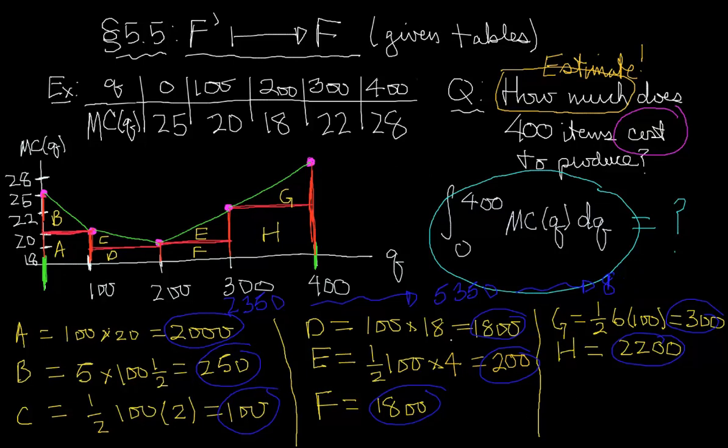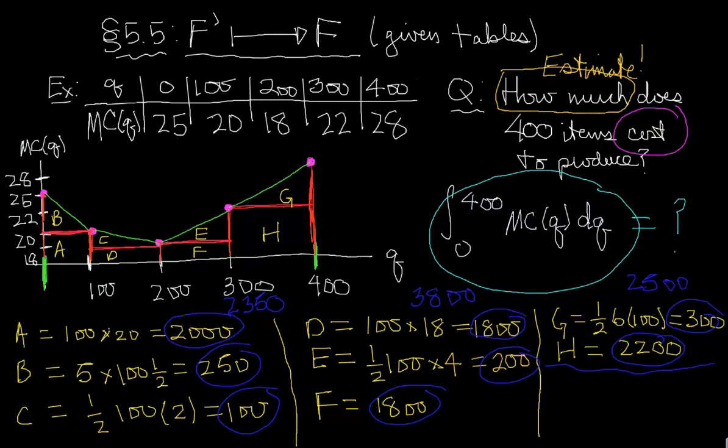Alright, let's just go over that really quickly again. This first part is 2,350. The second part is going to be 1,800 added twice, that's 3,600, plus 200, that's 3,800. And then the last part is 2,500.